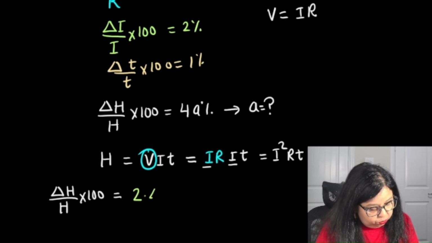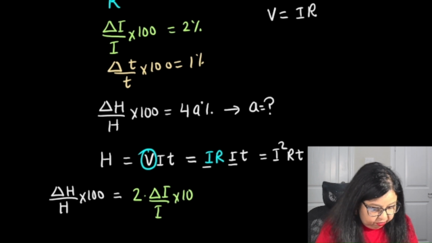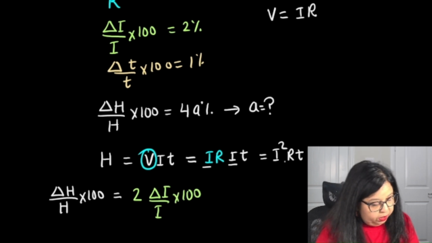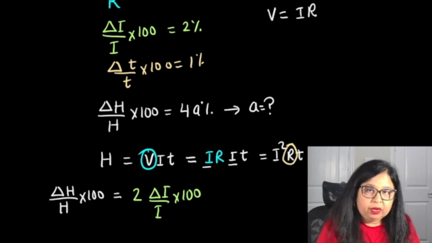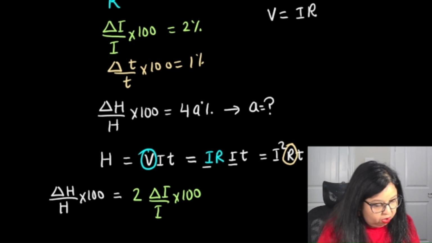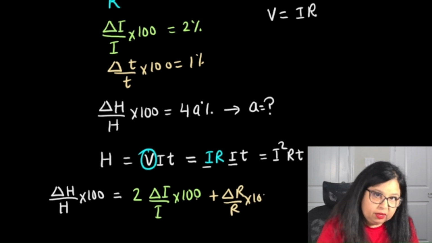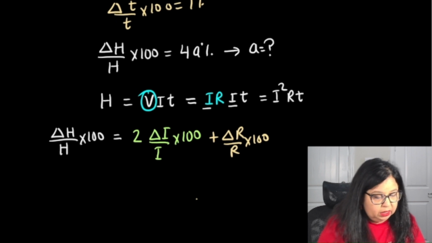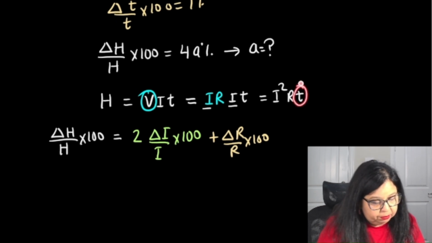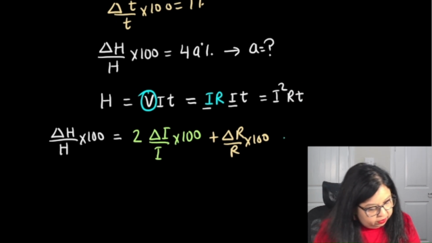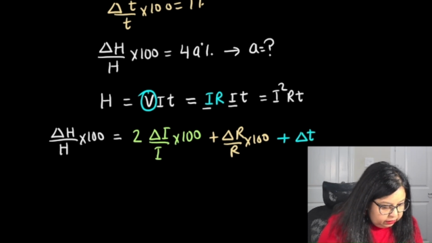Like this. 2 times delta I over I times 100 plus the percentage error in the resistance R. That is going to give us delta R over R times 100 plus the percentage error in the time t. That gives us delta T over T times 100.